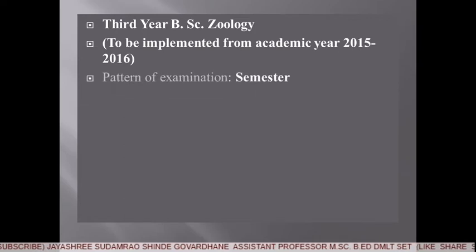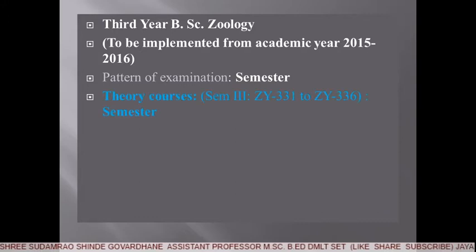Now see, in the last video we studied the pattern of examination. It is the semester pattern. Theory courses offered for T.Y.B.Sc in semester 3 are ZY331 to ZY336. The pattern of theory courses is the semester pattern.